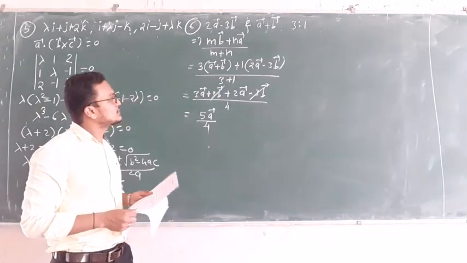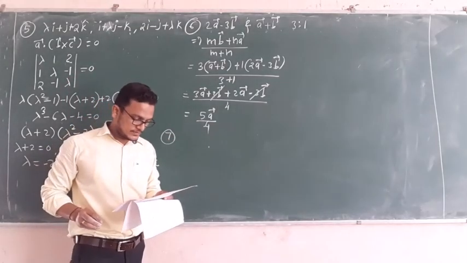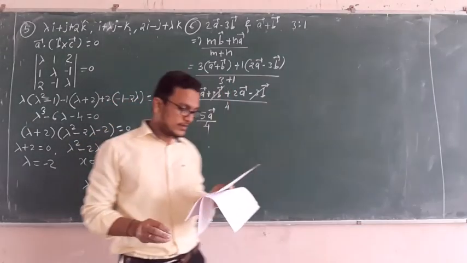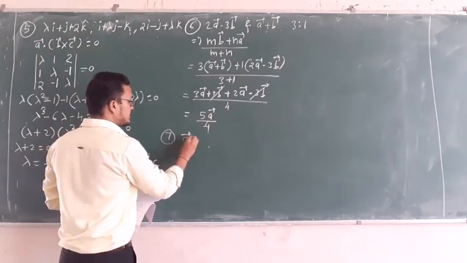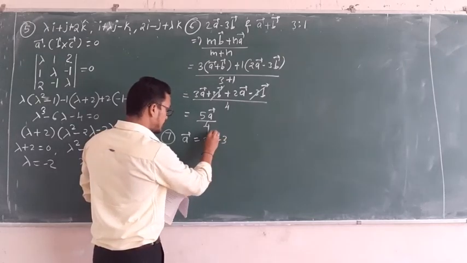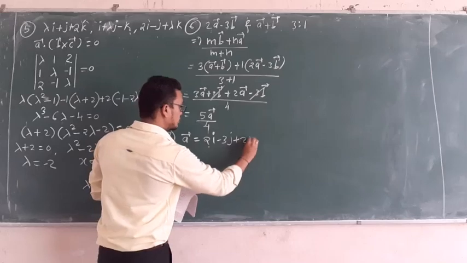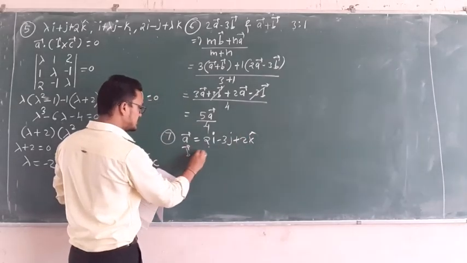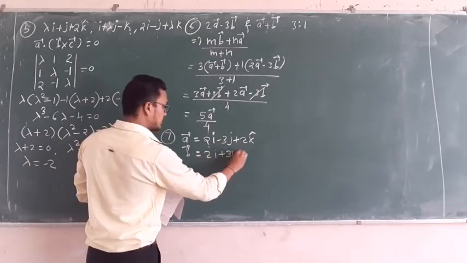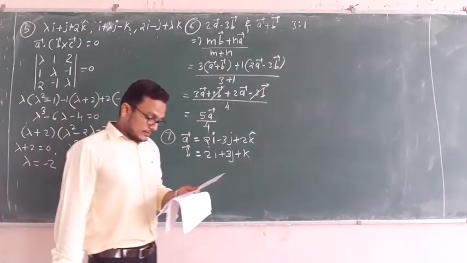Okay, next question, question number 7. The vectors from origin to the points A and B are given: vector A is equal to 2i minus 3j plus 2k, and vector B is equal to 2i plus 3j plus k, respectively.